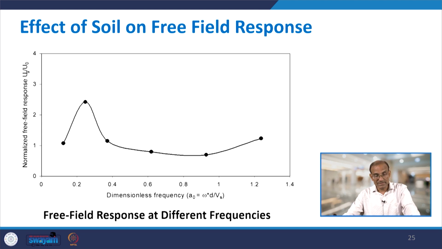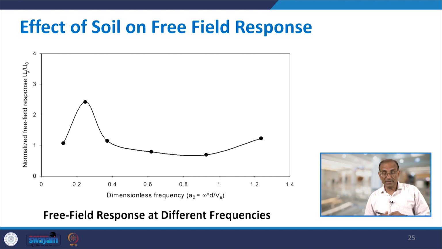You could see that the free field response gets a peak value at some particular frequency, but after that it is decreasing. In this case on the y axis you have the normalized free field response. One thing is important to note: this normalized free field response is not a constant, rather it changes with frequency.